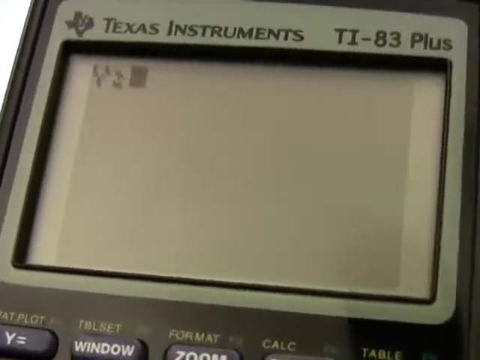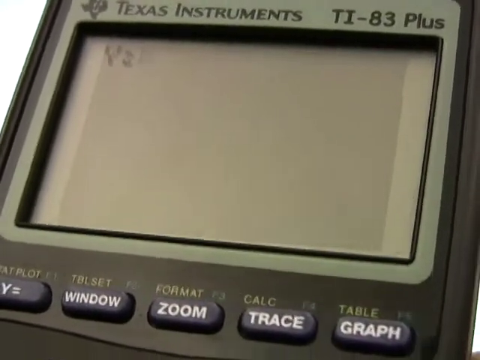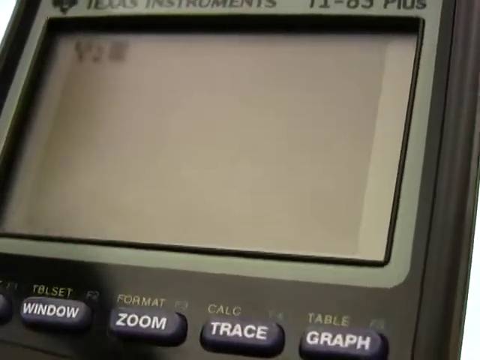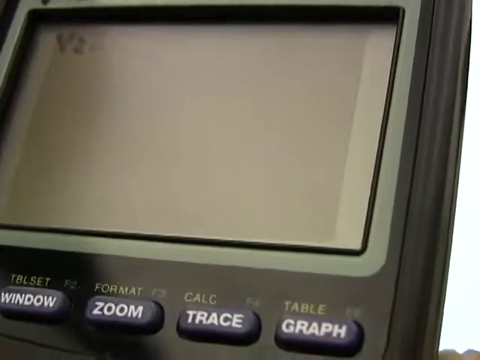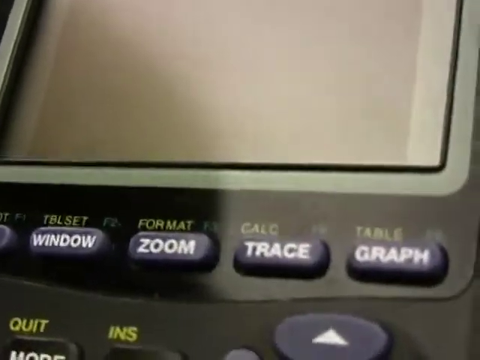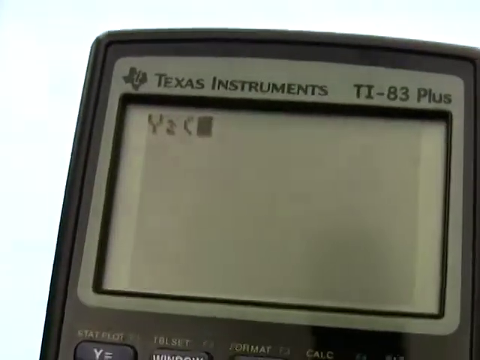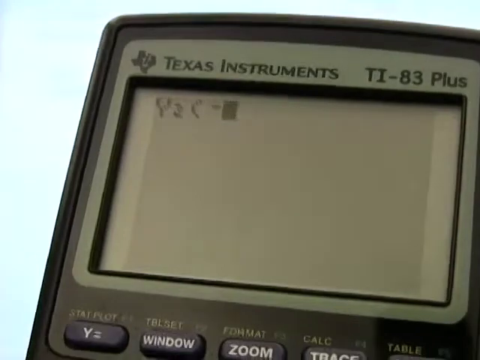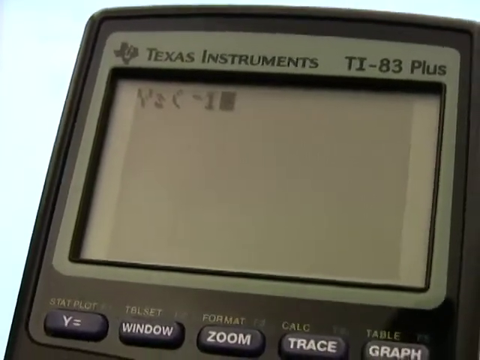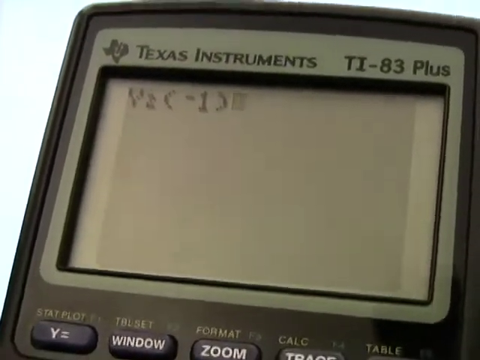We want the value of the first derivative at x equal to -1. So put a parenthesis, -1, and parenthesis closed.